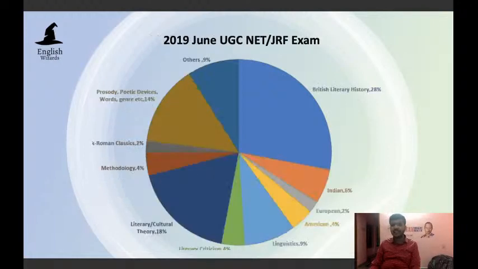If you look at that, after the shift from UGC and CBSE to UGC and NTA, cultural theory, cultural studies and literary theory have gained a great deal of prominence. If you look at the next one, the trend continues. And the final session, the final NET, again the same thing holds up. And an interesting thing, over the last 3 sessions, history of English literature has reduced in prominence.